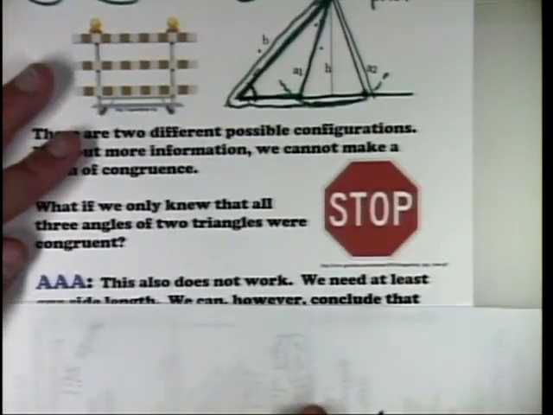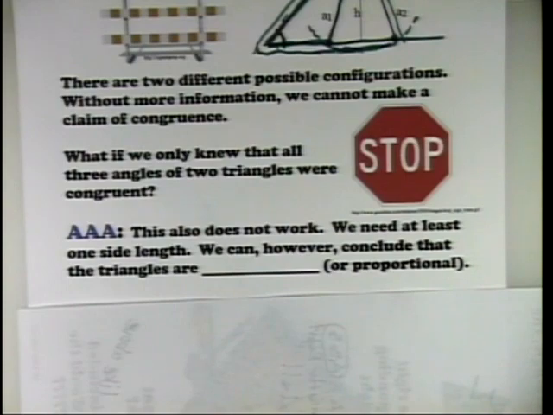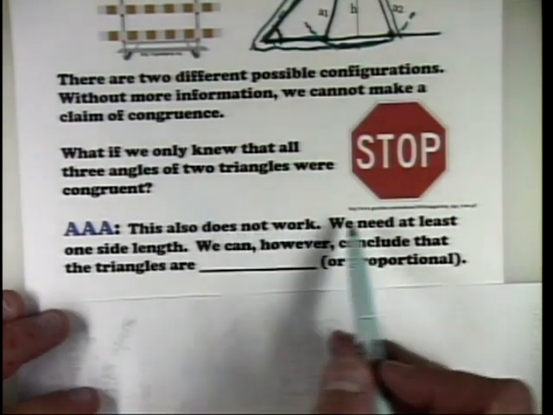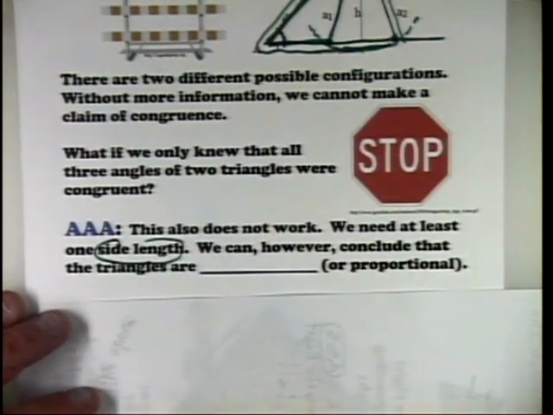All right, the other case, and I know you're all wondering about this, would be the angle, angle, angle. What if we didn't have any information about the sides, but we knew that in two triangles, all three angles were congruent? Would that constitute congruent triangles? Well, we need at least one side length, and I'll show you why. So it's not going to work. Okay?